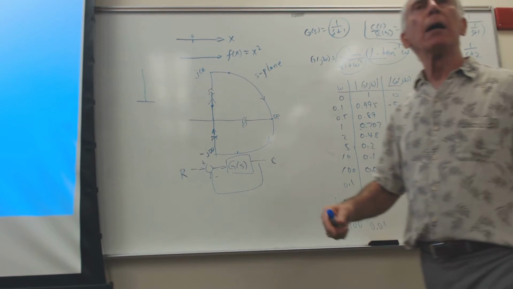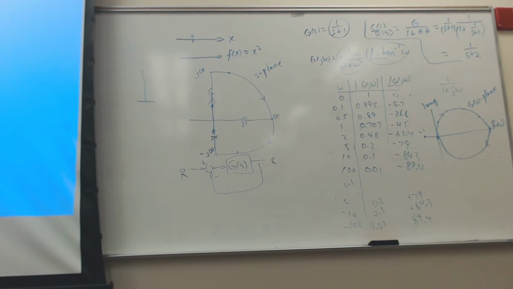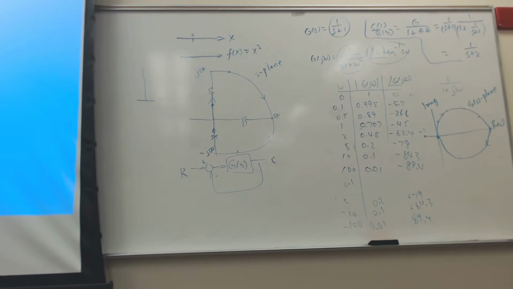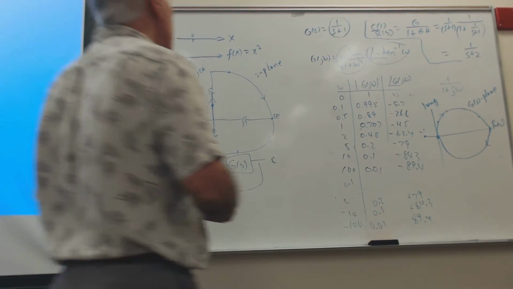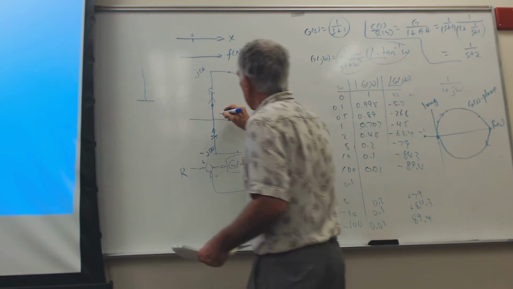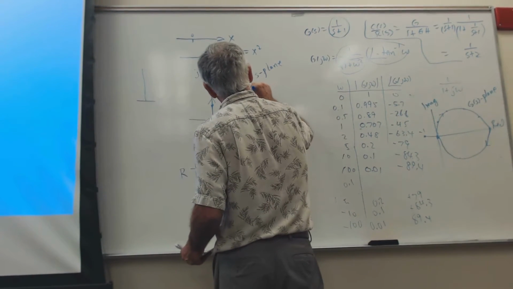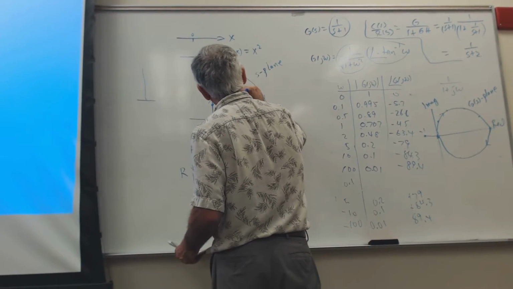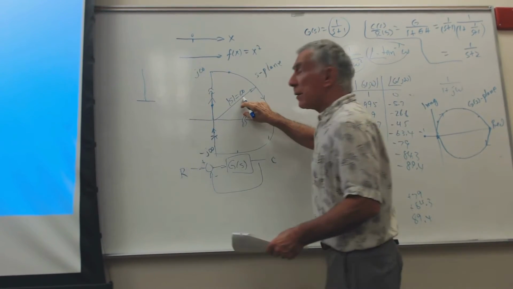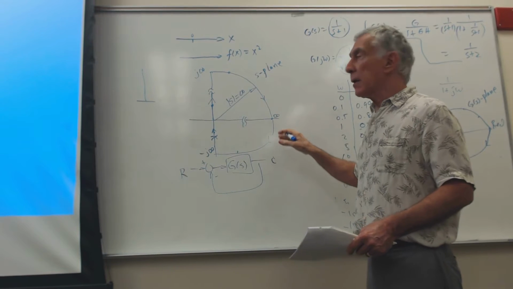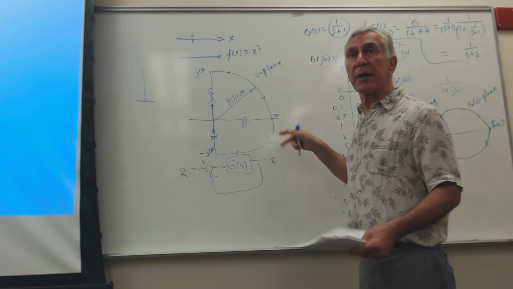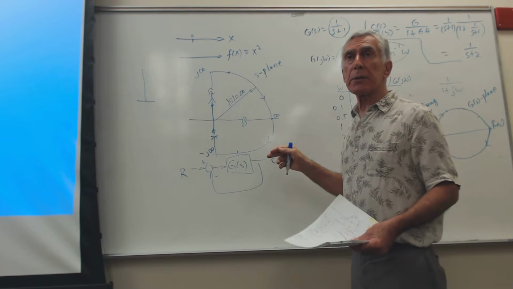Yeah. Could you explain again why the semicircle portion maps entirely? Yeah. The magnitude of S is infinite on this contour here, because it's an infinite radius contour.